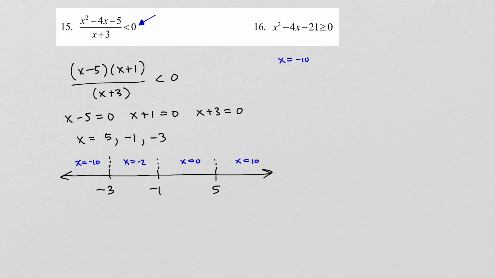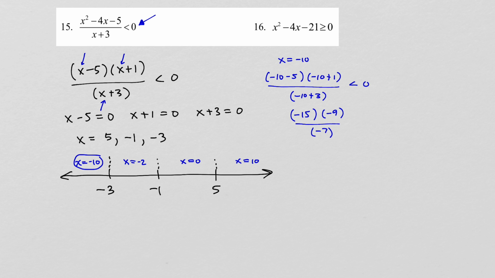So let's start with testing -10. So when I plug -10 in for x, we get -10 minus 5, -10 plus 1, and then divided by -10 plus 3. Is that less than 0? Well, that's -15 multiplied by -9 divided by -7.